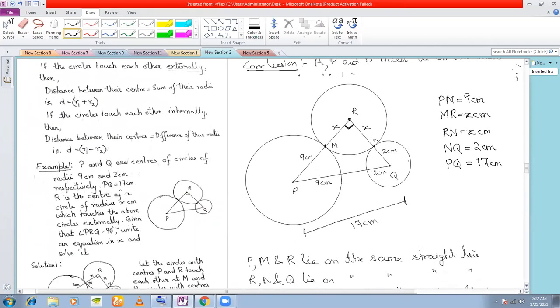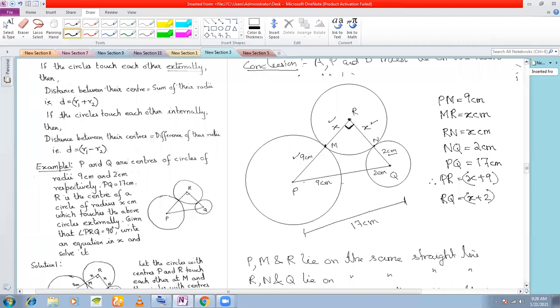Now see what is the length of PR. Therefore, PR is 9 centimeter plus x. That means PR is x plus 9. And what is the length of the side RQ? The length of the side RQ is x plus 2 centimeters. And PQ is given to be 17 centimeters.